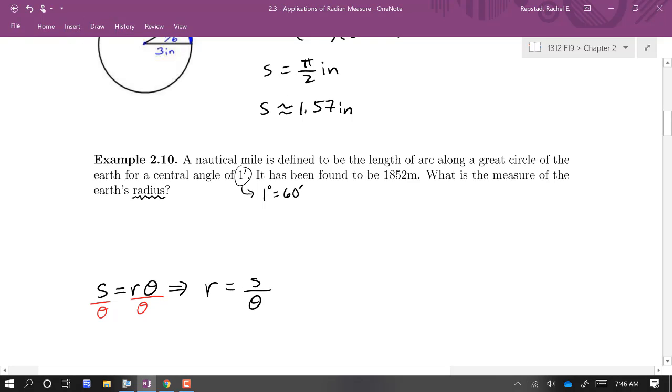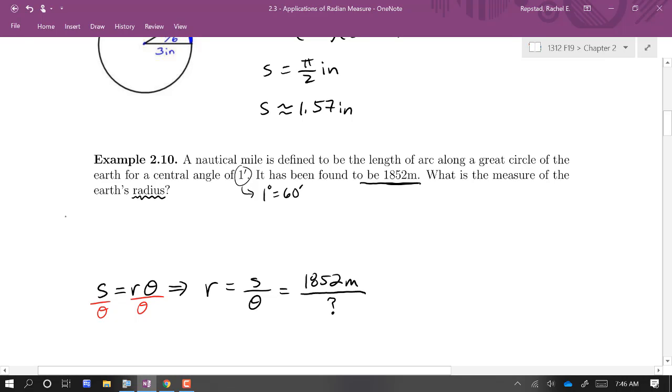We know what s is. They told us that that arc length is 1,852 meters. And then we need to divide by theta, but we don't know what theta is. We know that it's 1 minute, but we need our angle to be measured in radians.